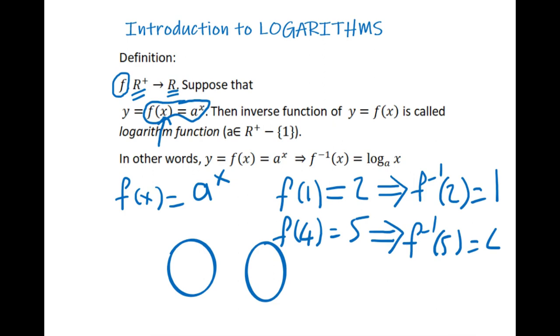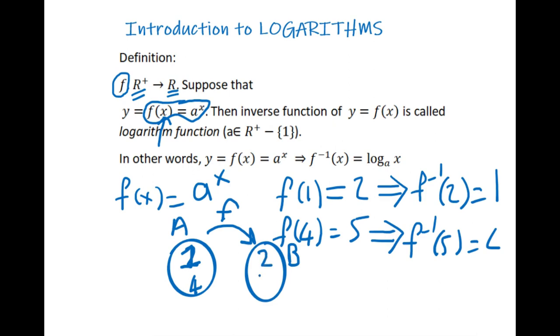So let's say I have two sets. The first set is the domain, A, and B is the range, and that function is called f from A to B. Let's say we have 1 and 4 in the domain.